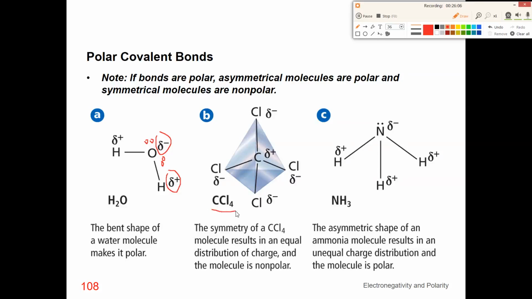In this example, carbon tetrachloride, because there is no lone pair on carbon, it has a symmetrical geometry, so this is nonpolar. Okay, this is ammonia.